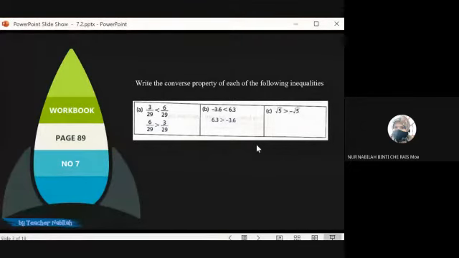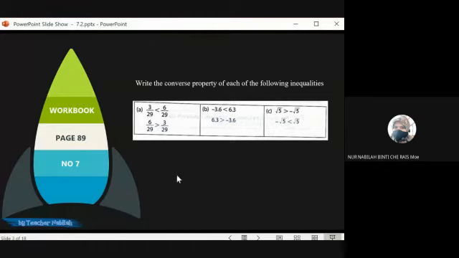So how to write the converse property? Negative square root 5 less than square root 5. Okay, you can copy this in your exercise book, in your workbook.